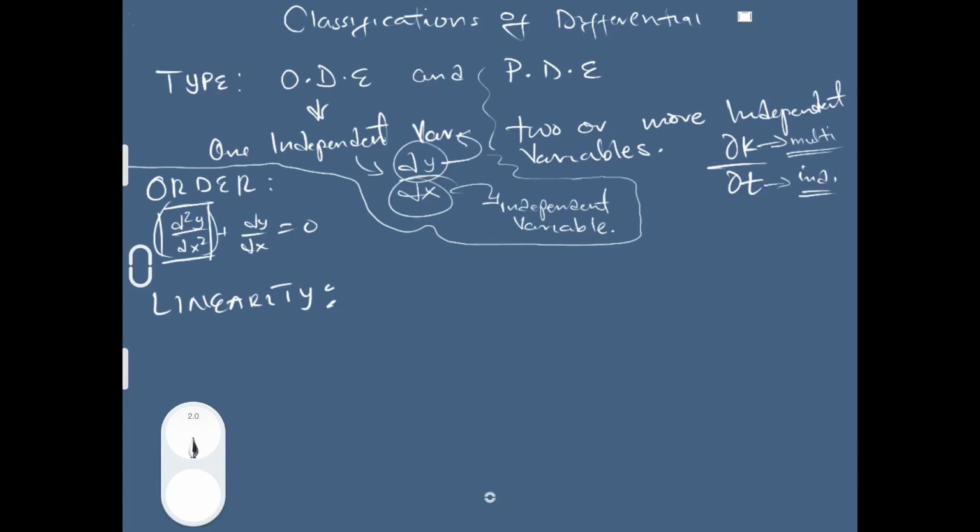The linearity of a differential equation: we consider a differential equation linear if, for this problem, this is linear because the power of all the derivatives in the equation is 1. So we consider it a linear differential equation.